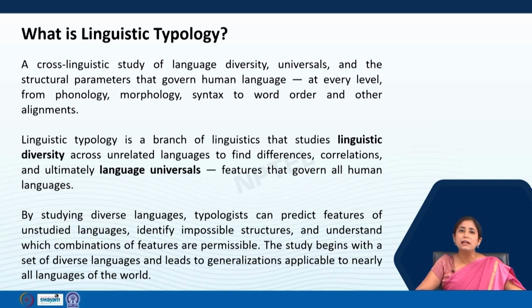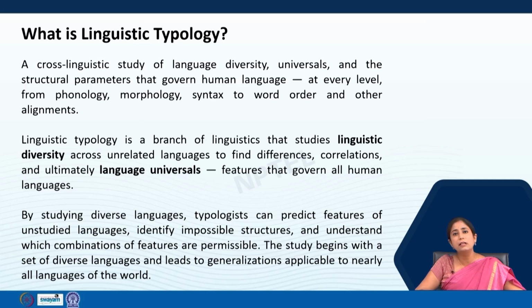So by studying diverse languages, typologists can predict features of unstudied languages, identify impossible structures, and understand which combinations of structures are permissible. The study begins with a set of diverse languages and leads to generalizations applicable to nearly all the languages of the world.